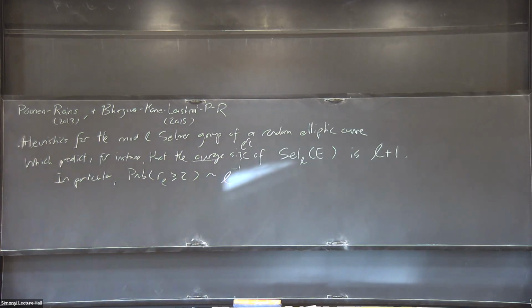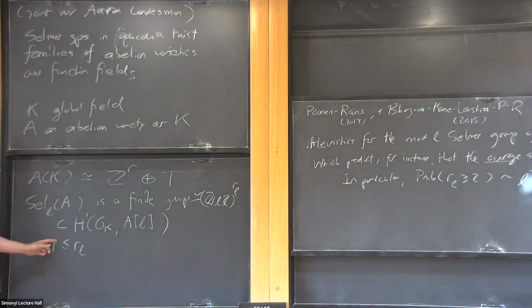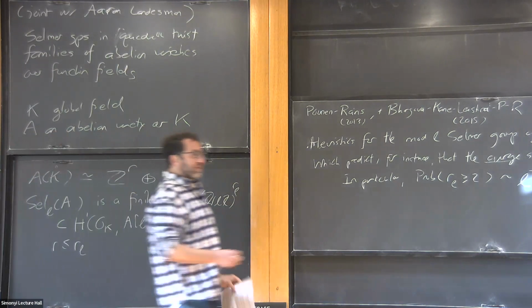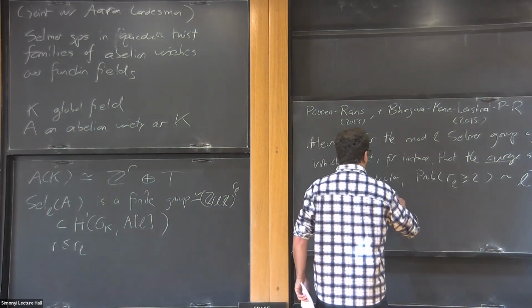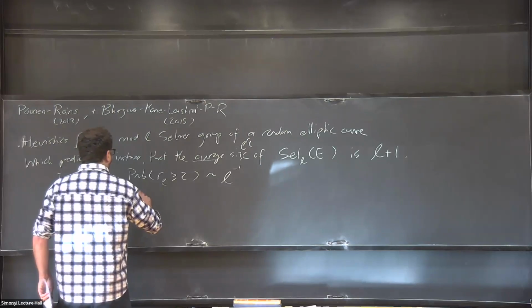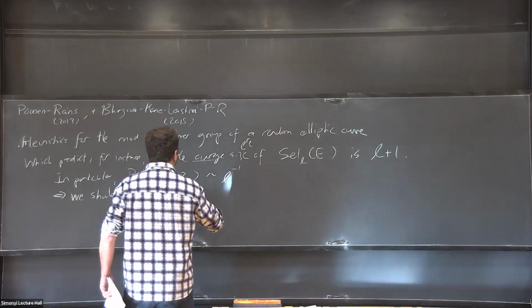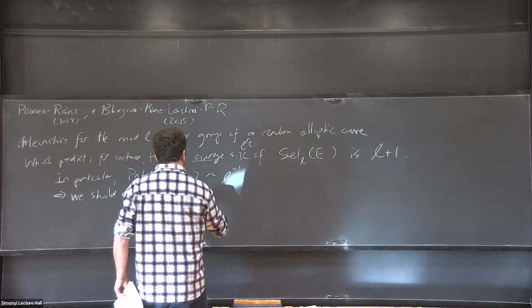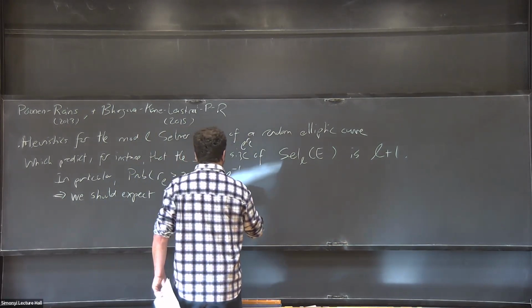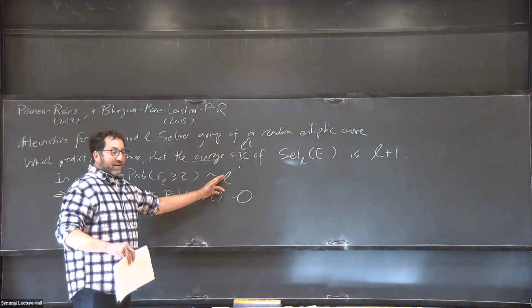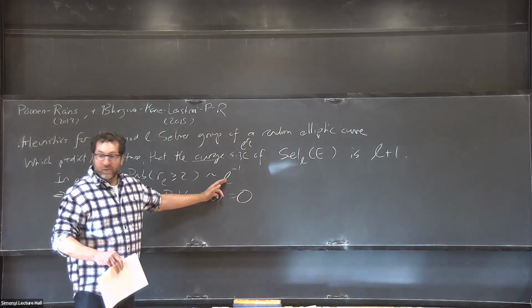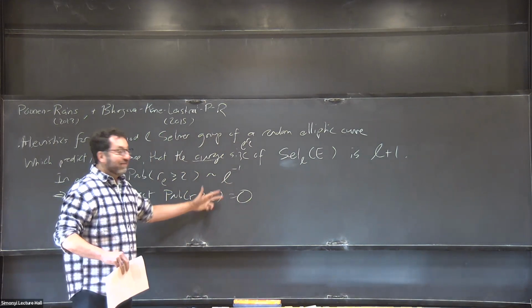But what I want you to note is that the honest Mordell-Weil rank of this thing is bounded above by RL. And I didn't say which L I meant, this is true for every L. So you should think of this as saying, whence, if you believe these heuristics, we should expect the probability that the rank itself is greater than or equal to 2 should be 0, because you pick some very large L. If you believe that it's rare even for the L Selmer rank to be bigger than 2, then all the more so you believe that for Mordell-Weil rank, and this can be as small as you want.